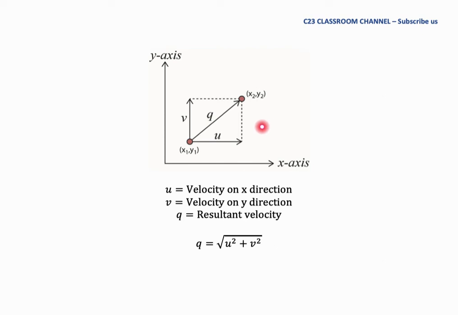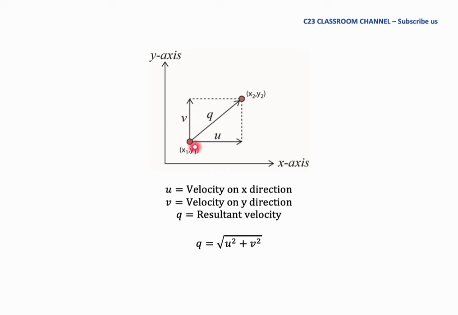However, if we look from the idea of component velocity, we could say that this molecule will have an x-axis component velocity written as small u here and a y-axis component velocity written as small v here.